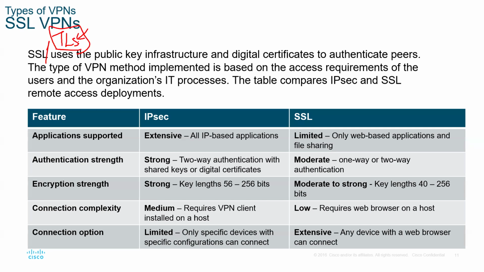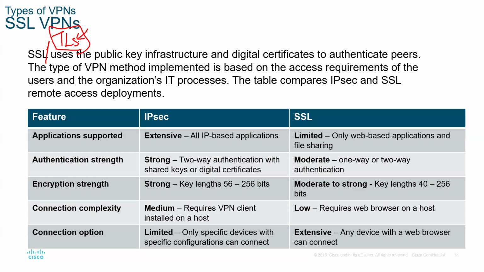Those two, IPsec and SSL, are basically encryption protocols used for securing traffic via VPN. You can use either SSL or IPsec, but at times it's also good to use both of them. They have stark differences between them.